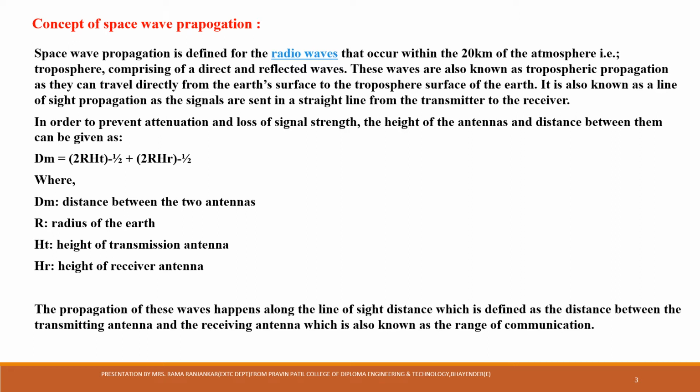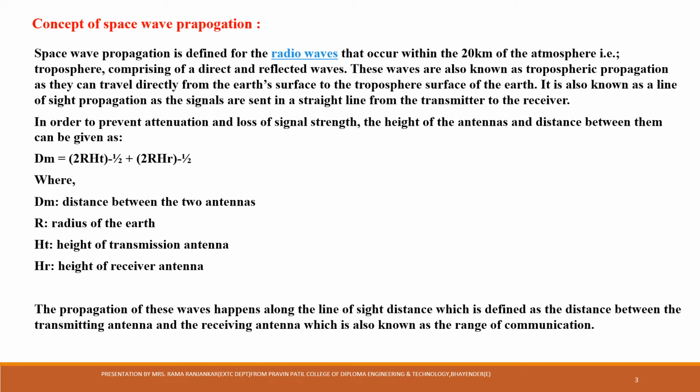In order to prevent the attenuation and loss of signal strength, the height of the antennas and the distance between them can be given as dm is equal to (2 R ht) raised to 1 by 2 plus (2 R hr) raised to 1 by 2, where dm means distance between the two antennas, R means radius of earth, ht means height of the transmission antenna, and hr means height of the receiver antenna.